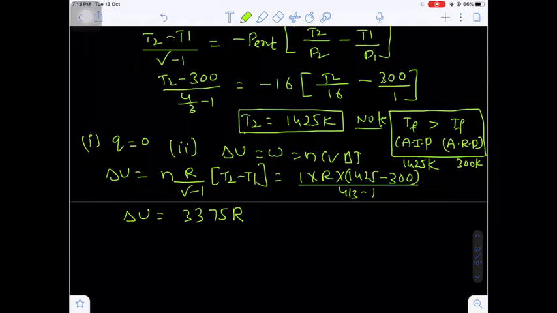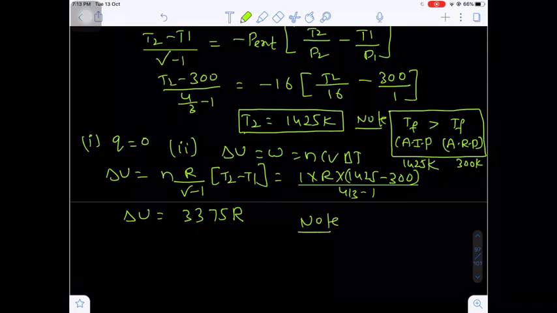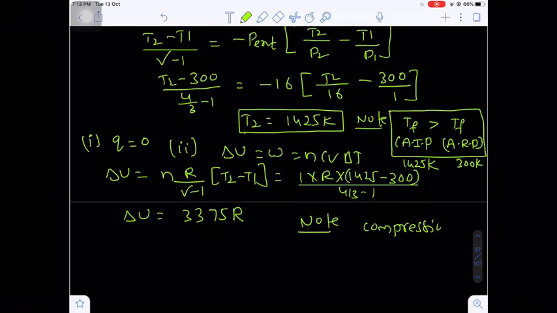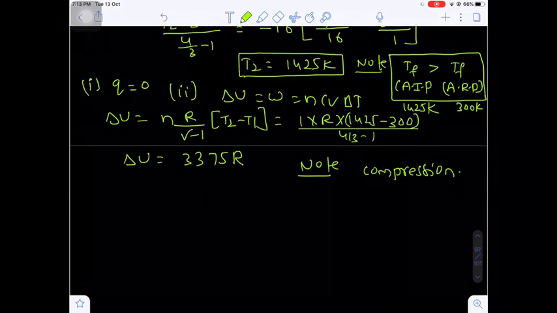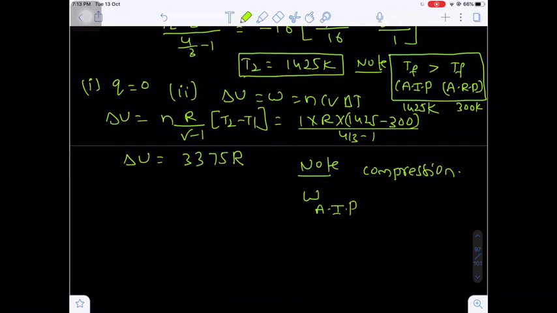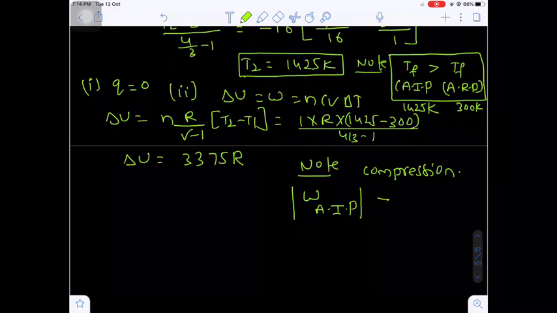Now you can compare the work done in the compression also. Here I am making one important note. The note is regarding compression. The magnitude of work done in the adiabatic irreversible process is always greater than the work done in the adiabatic reversible process regarding the compression.